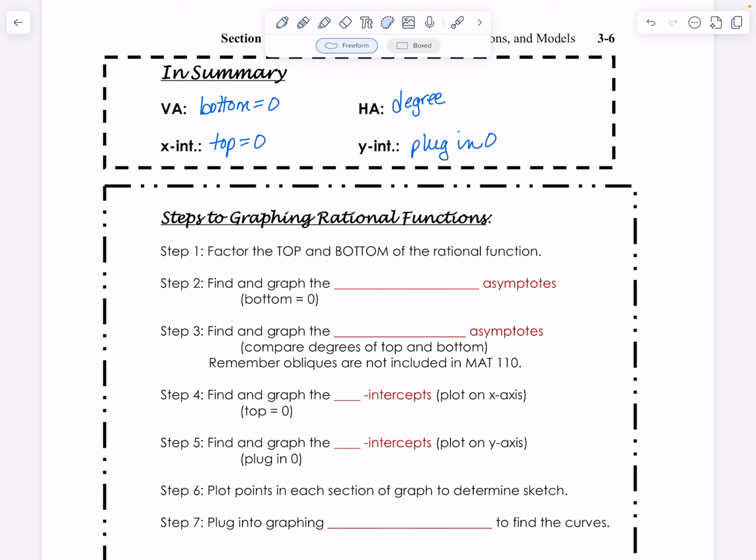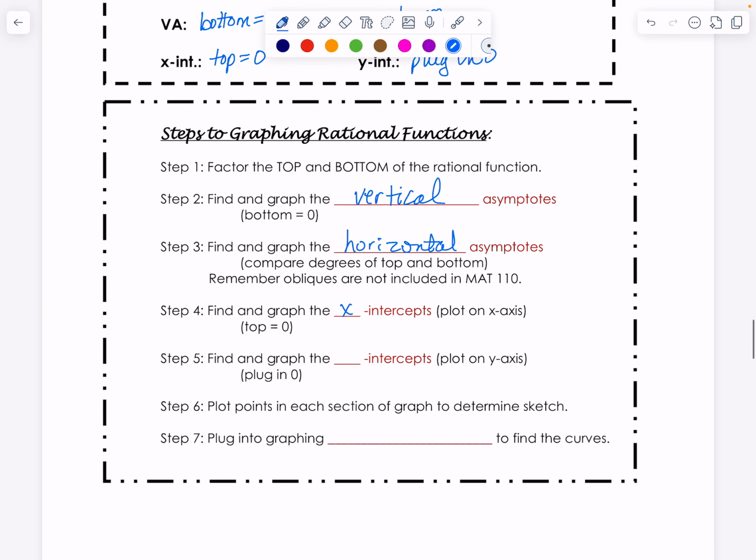Then I'm going to find and graph the vertical asymptote by setting the bottom equal to 0, and then I'll graph the horizontal. So I graph my asymptotes first. Then I find my x-intercept by setting the top equal to 0. Then I find my y-intercept by plugging in 0. And then I just plot a bunch of points to see what happens on the top or the bottom of the horizontal asymptote.